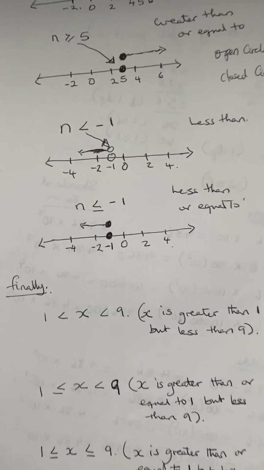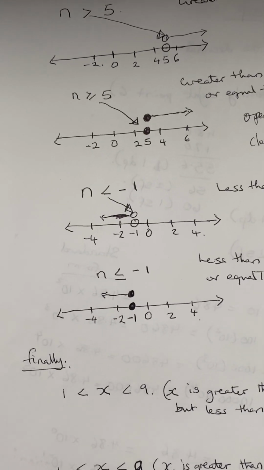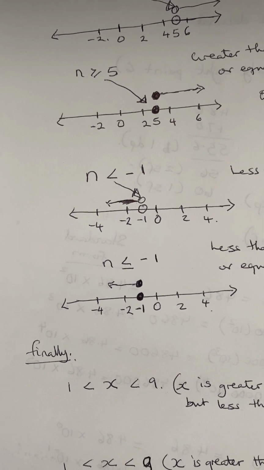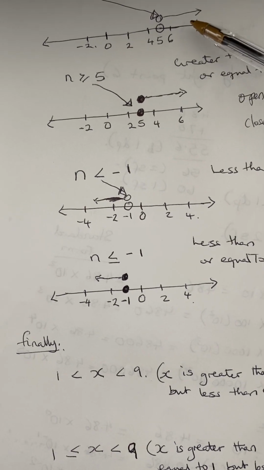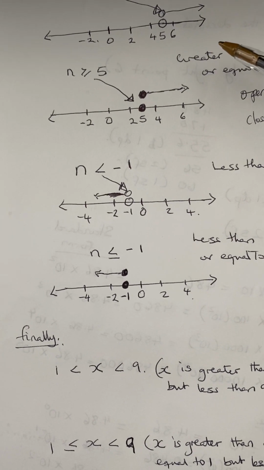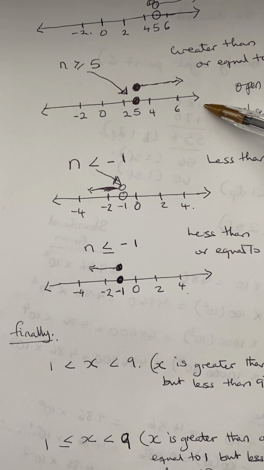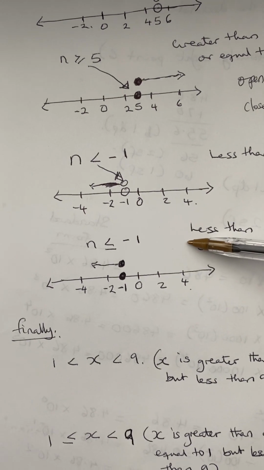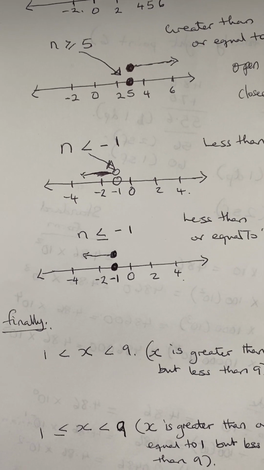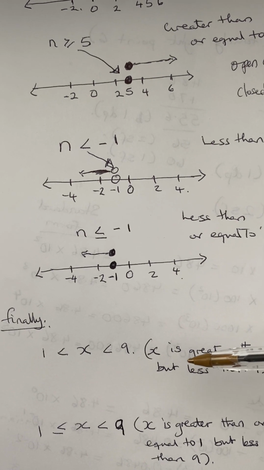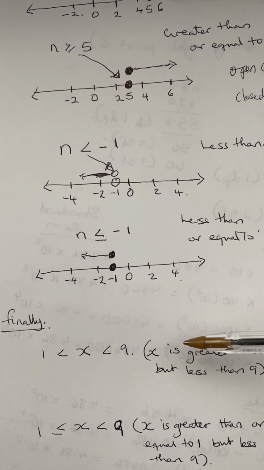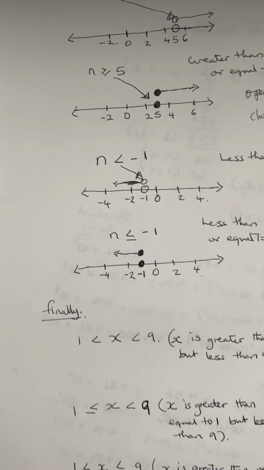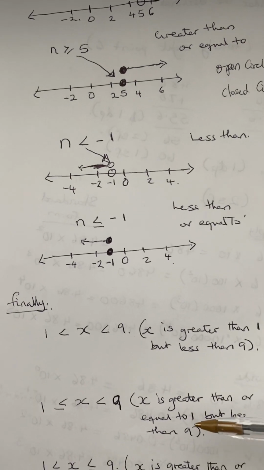The only thing I've introduced here today is putting open circles and closed circles on the number line for greater than and less than, and greater than or equal to and less than or equal to, for open and closed circles respectively. So that's the new thing, but all this other stuff we've done before and we are just recapping them.